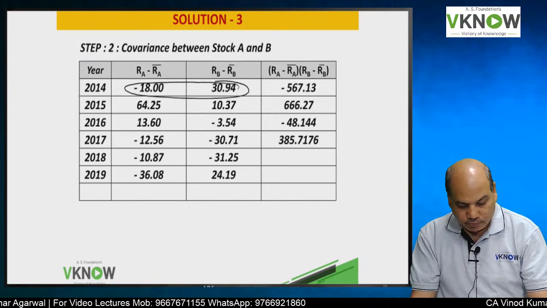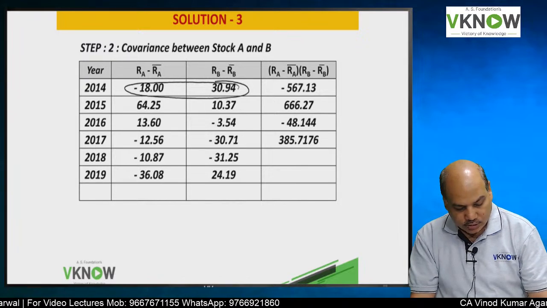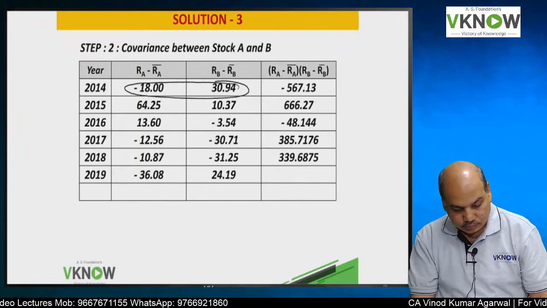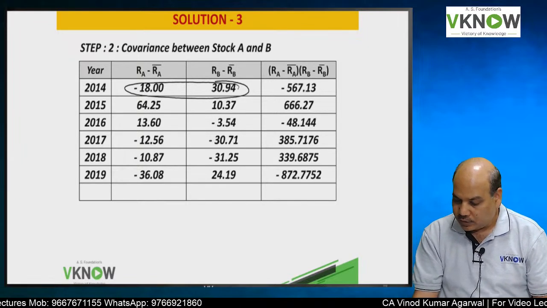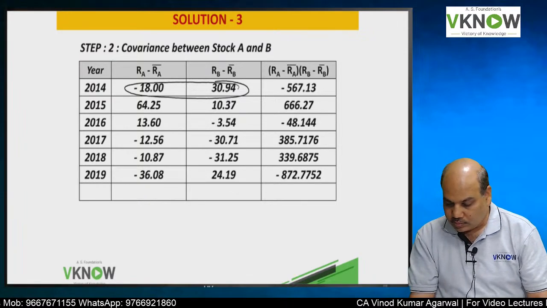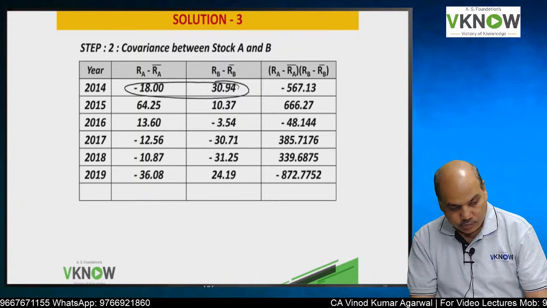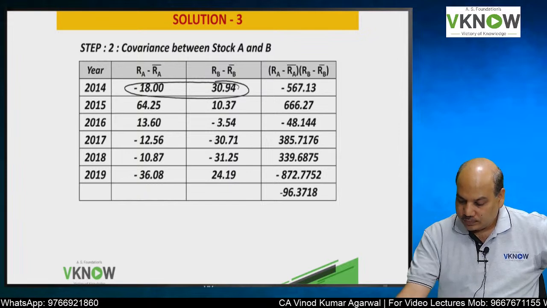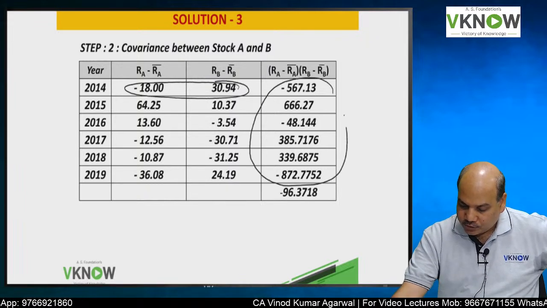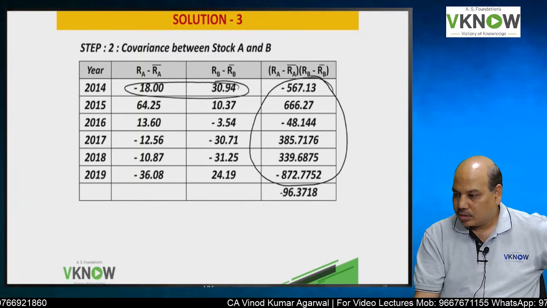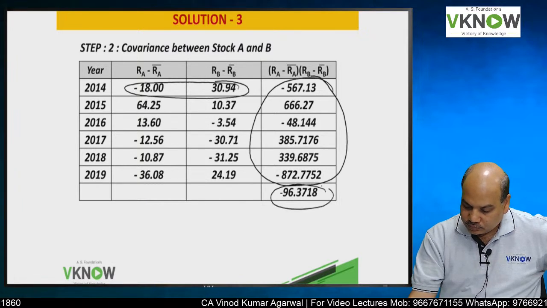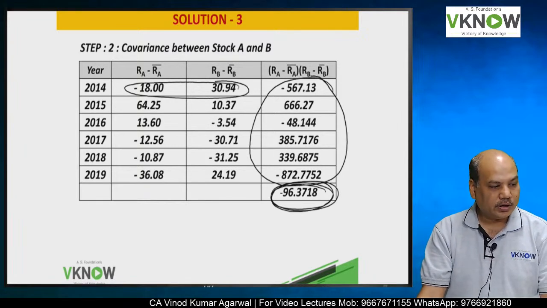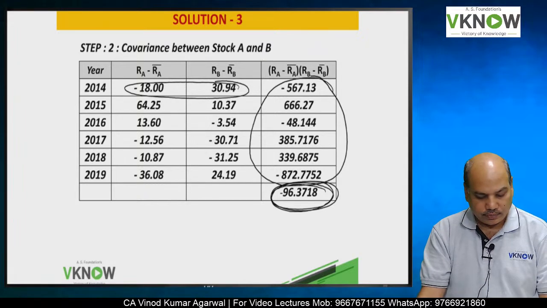Then next is 385.7176, 339.6875, minus 872.7752. Take the total. Take care of positive and negative signs, and the net effect is minus 96.3718.